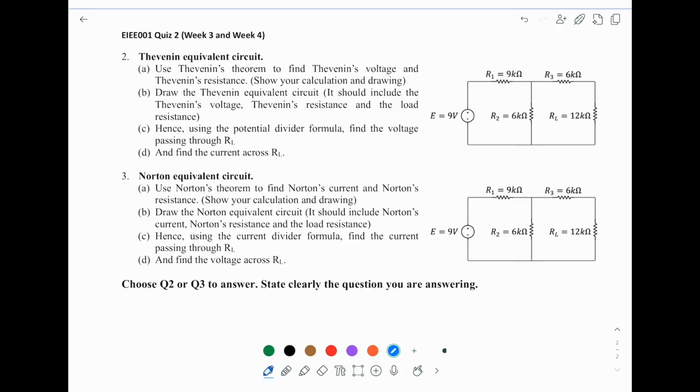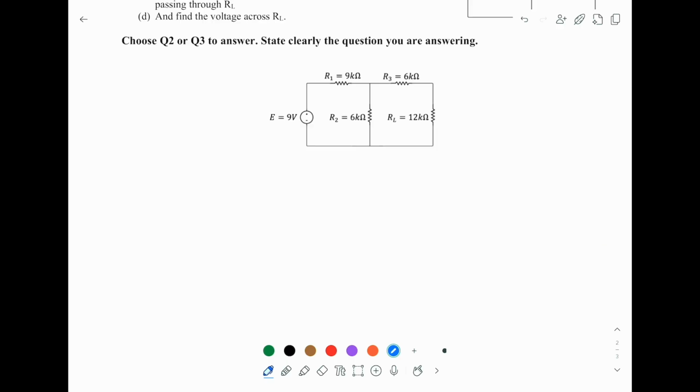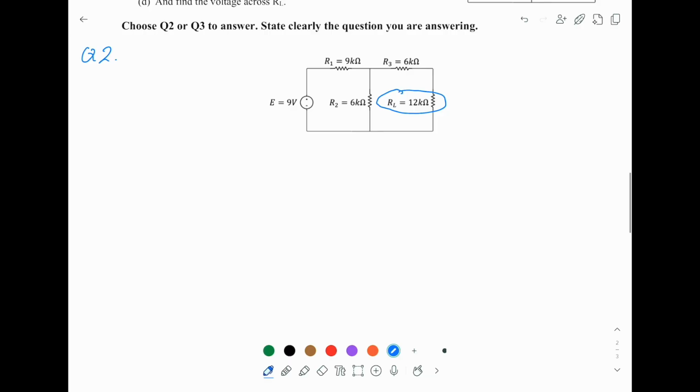Let's first apply Thevenin equivalent circuit and see what you can find. Let's see question 2. We want to focus on the load resistor, and we want to replace the rest of the circuit with a potential divider.